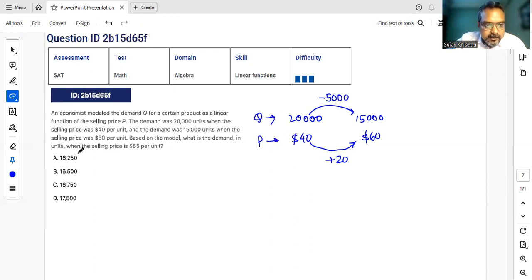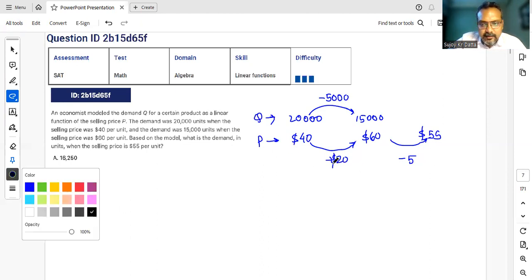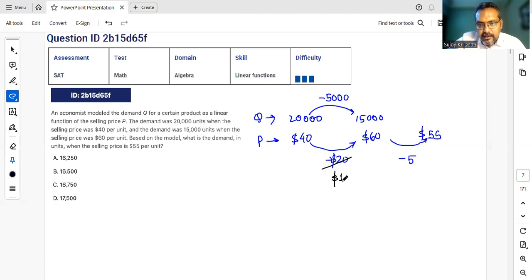Now it says, what is the demand when the price is 55? When it becomes 55, that means you reduce by 5. When you change by $20, it decreases by 5,000. If I go by the unit method, for every $1 change, this is going to reduce by 5,000 by 20, so that would be 250.